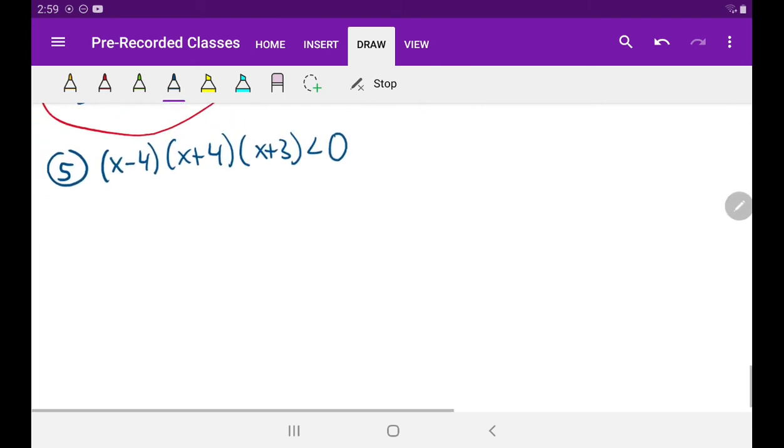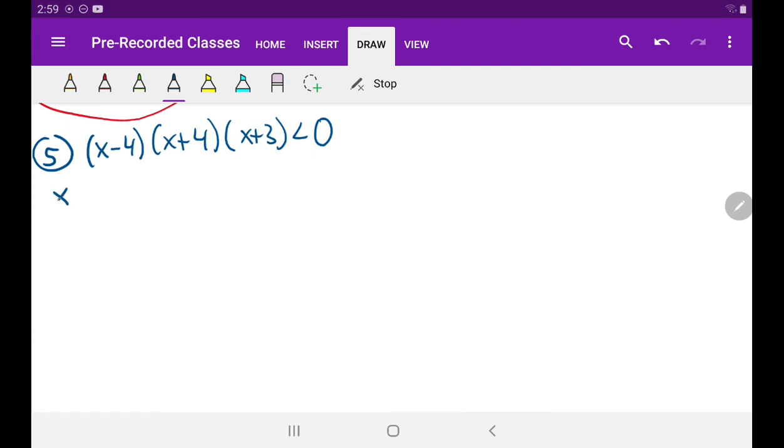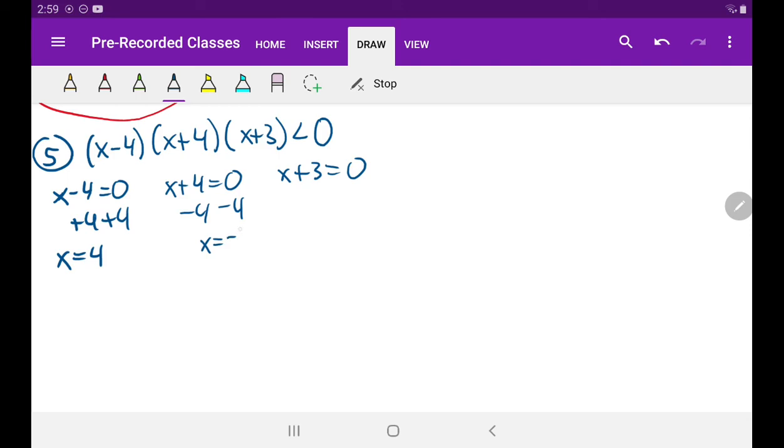If I take each one of these factors and set it equal to 0, and solve them, I'll get x is 4, x is negative 4, and x is negative 3.